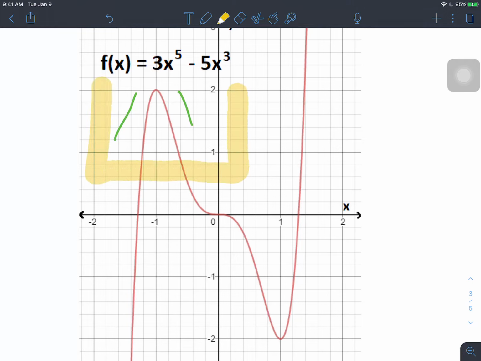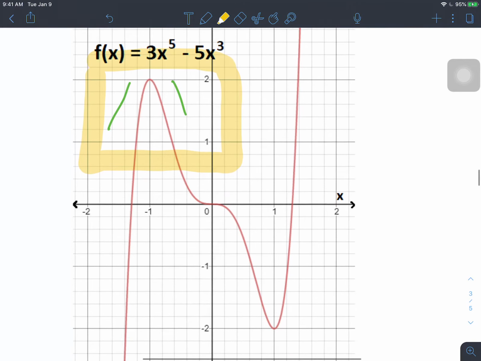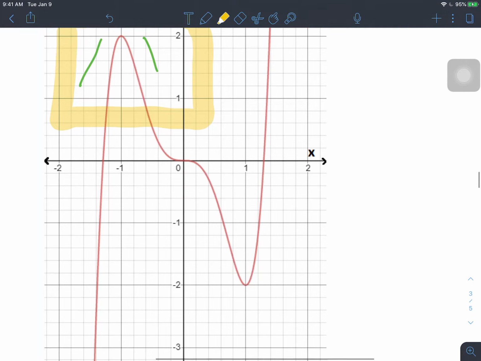In this yellow square, do we think that we are concave up or concave down? Yeah, it's concave down, right? Because this kind of looks like an n. So we're concave down here. In our minimum situation, this looks more like a concave up situation. Okay, that's the other way we can tell whether something's a minimum or a maximum.